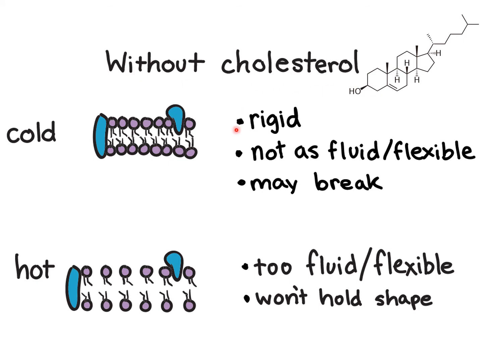Without cholesterol, if we have a lower temperature, it would mean the membrane is too rigid, can't allow things through that may be able to get through under normal fluid conditions, and may actually break and fracture, causing cell rupture. If it's too hot, the membrane is too fluid, it won't hold its shape, and now you have unregulated exchange of things across the membrane that normally couldn't.